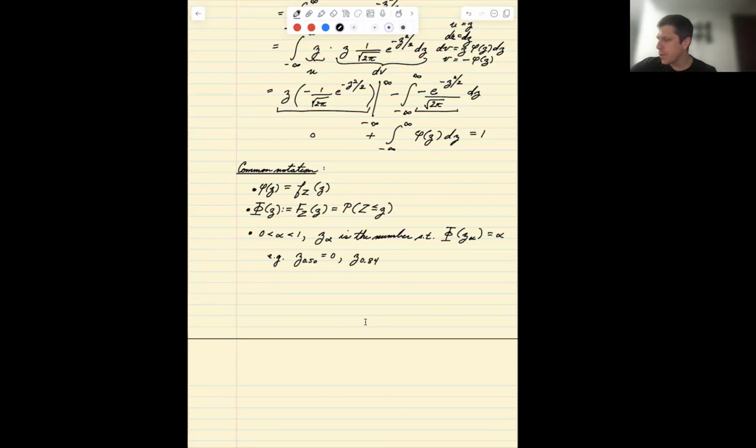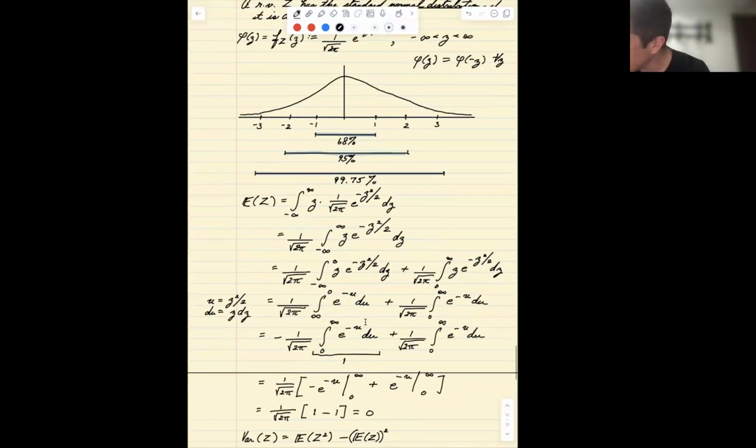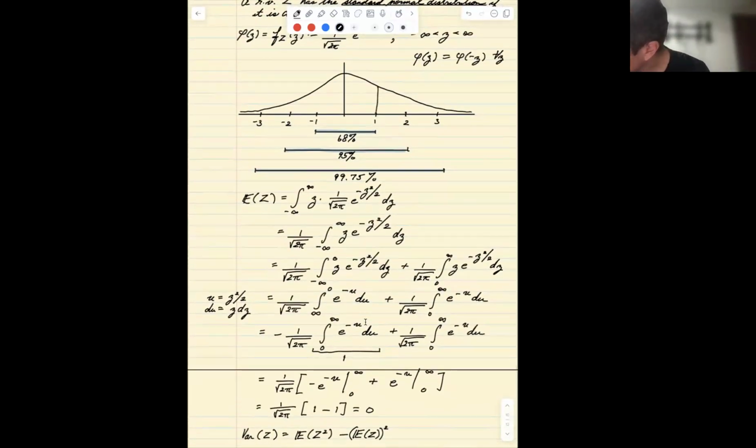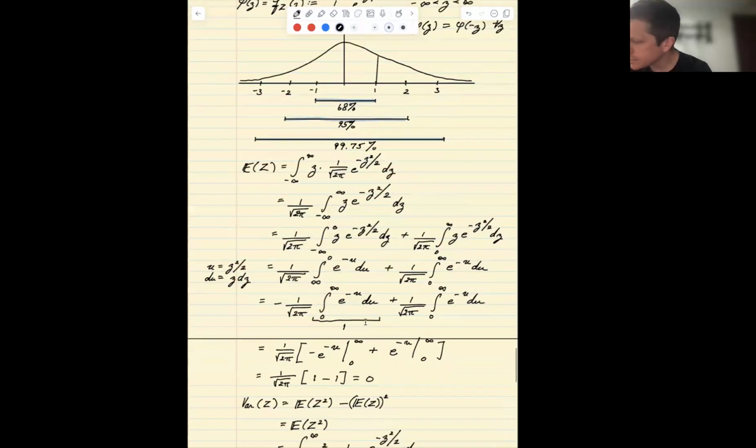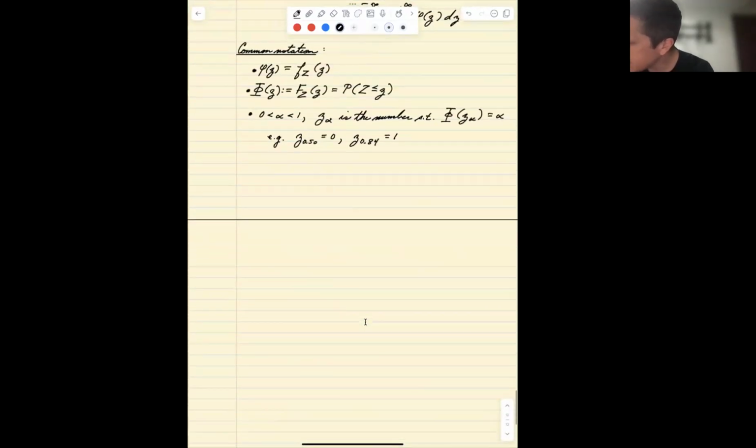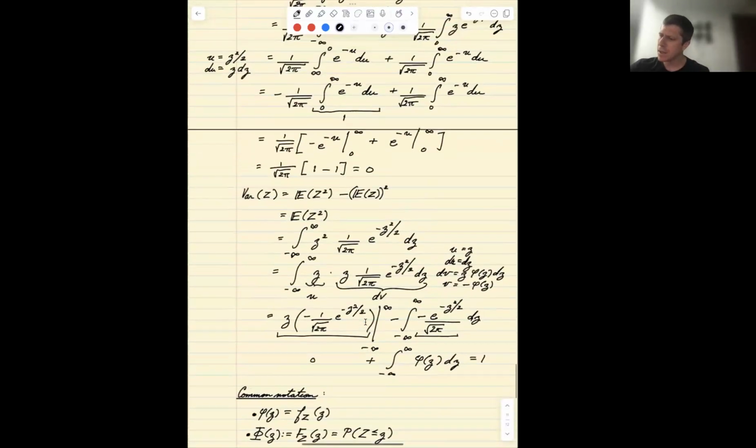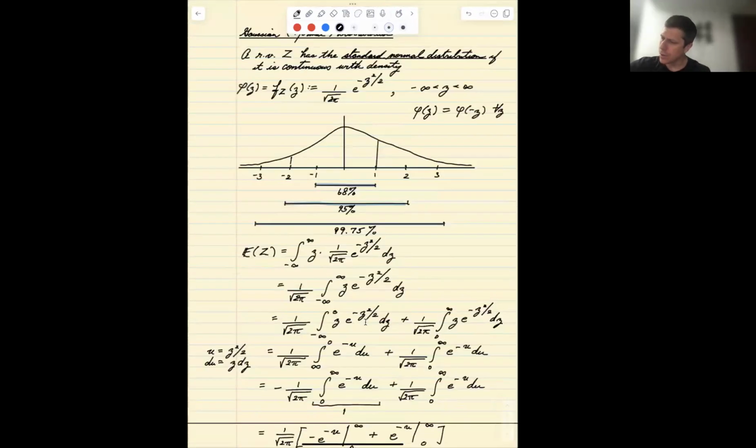Z of 0.84 is equal to 1. That's this point here. And then z of 0.025 is -2. Okay, so 0.025 is having 2.5% to the left. That would be all the way over here.